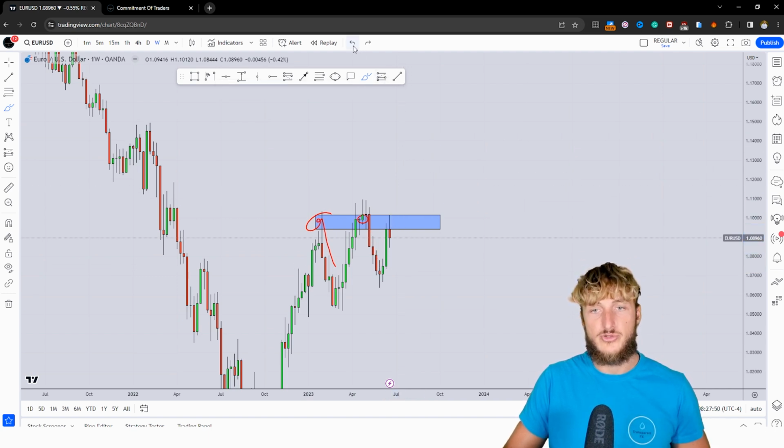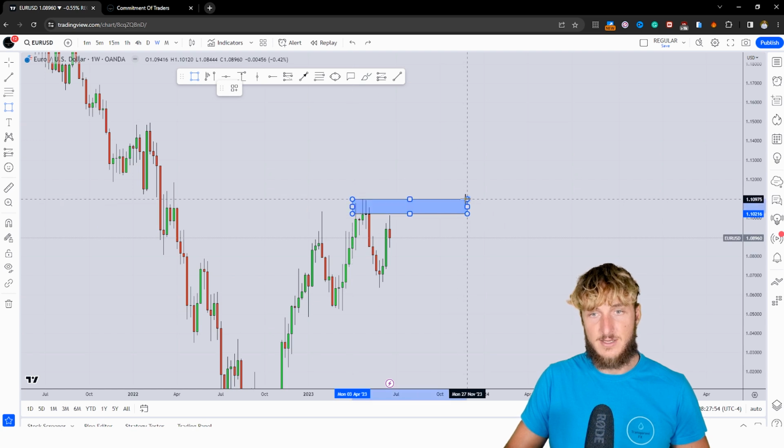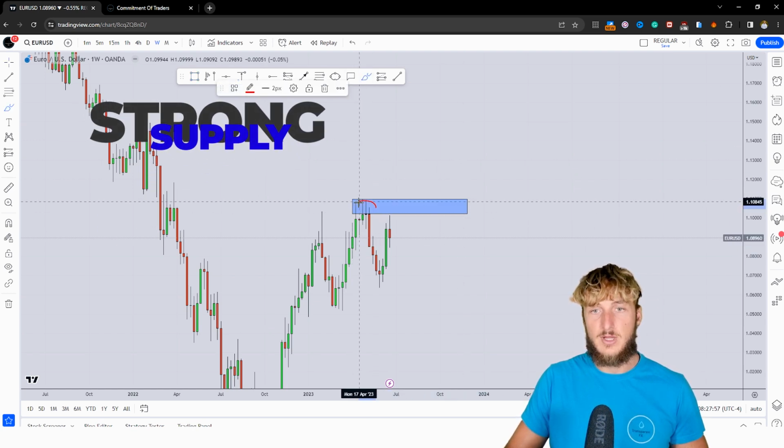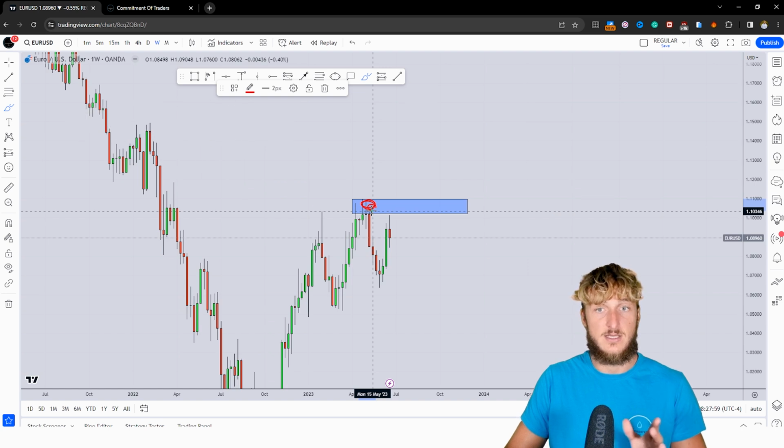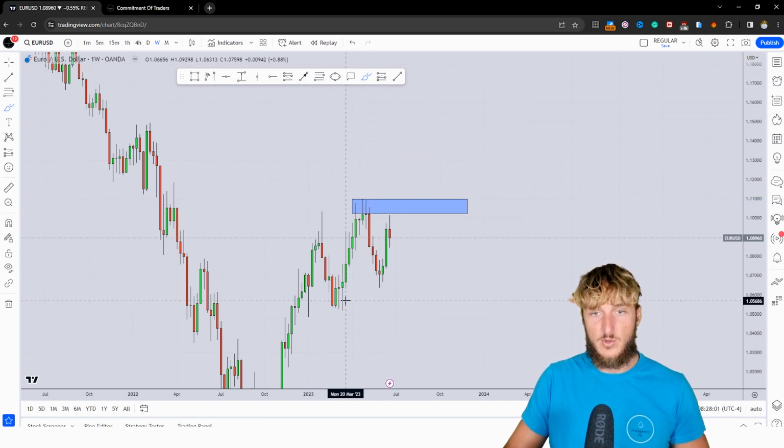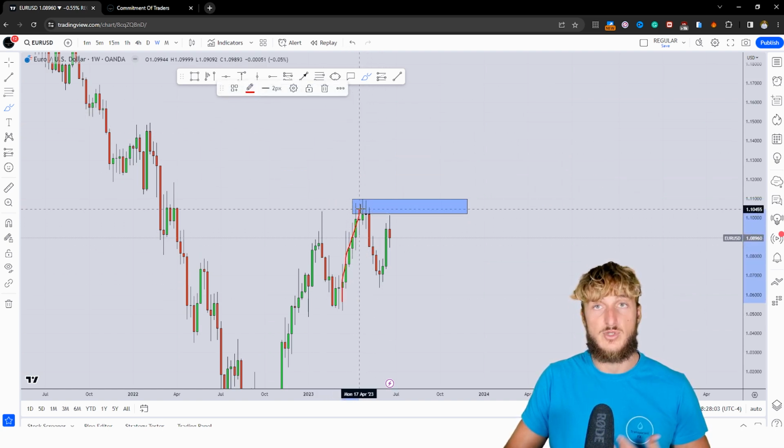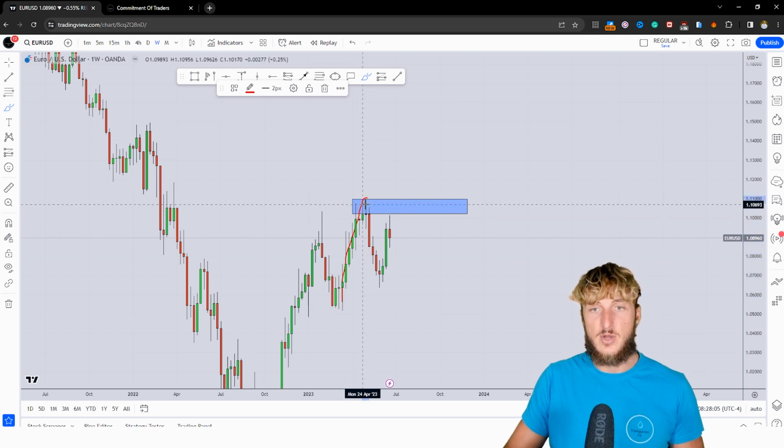However, it is also important to point out that exactly here, the market has the very strong supply, and this supply hasn't been properly tested yet, because previously when the market during this move to the upside was trying to go higher, it stopped exactly at this level before then reversing lower.